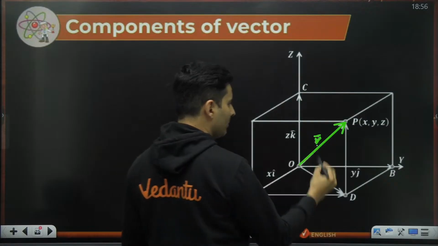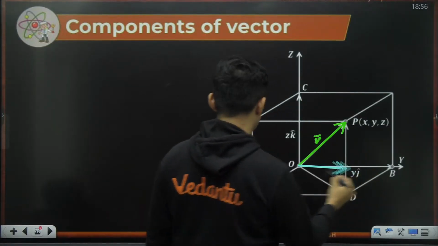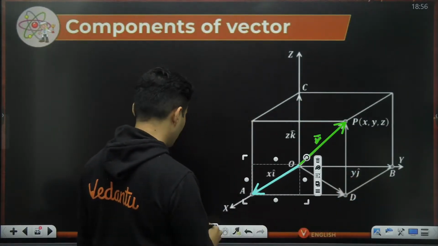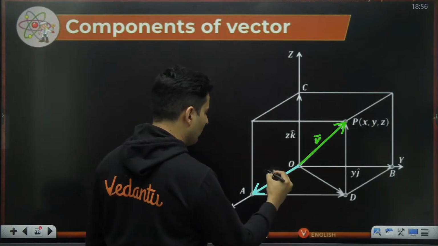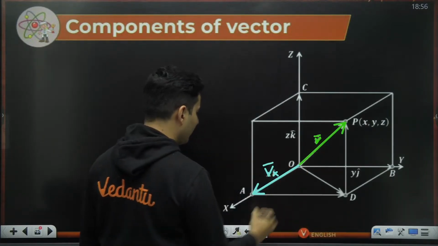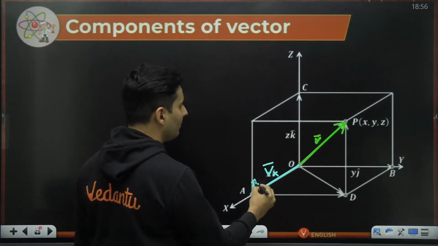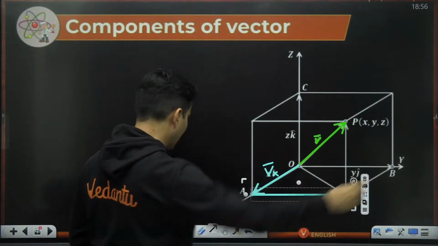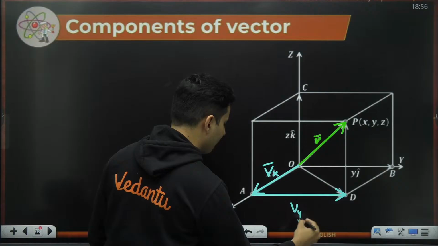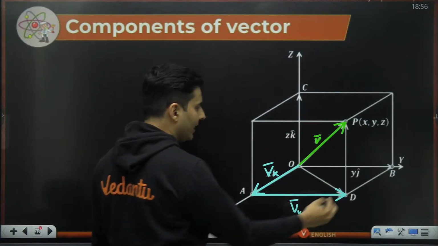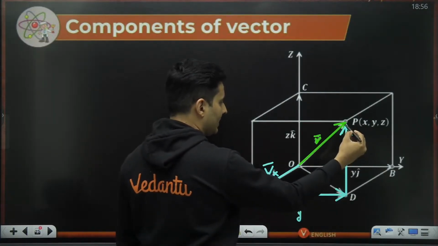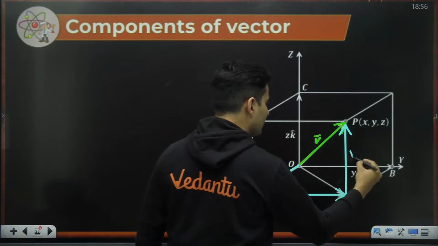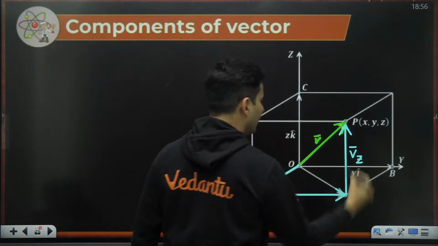How, sir? Observe. One is along the x-axis. So let's say over here, this is basically your x component, let's say Vx bar. Then let's go to the y component. Where is y? Y is over here, along that side. So this is your, let's say, y component. And sir, finally z, along the z axis. So let's say over like this. This is basically your Vz component.